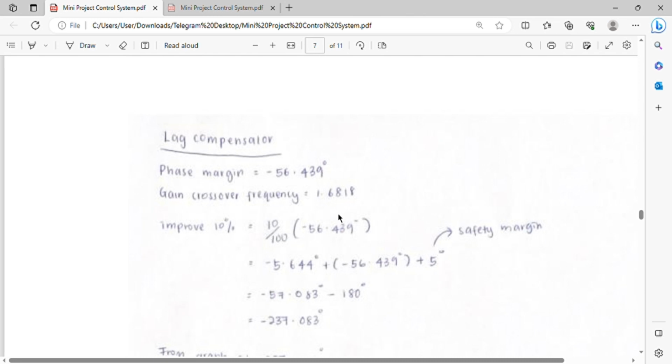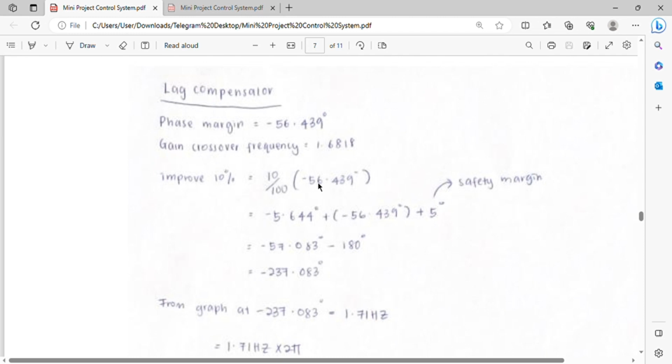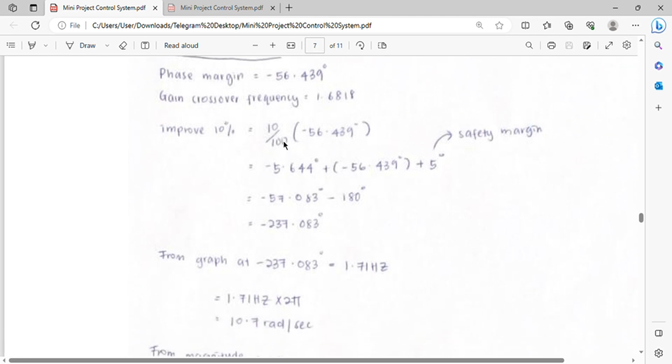The question needs us to improve 10% from the old phase margin. So 10% multiplied by the phase margin negative 56.439, we got the value after the multiplication.